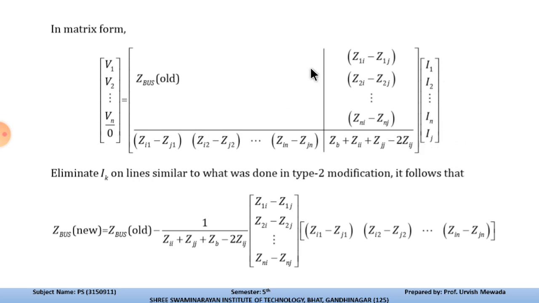Now here we are eliminating the ik on the line, similar to what was done in type number 2.